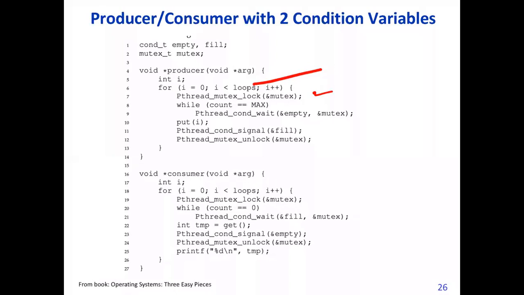So while, note that you can read this as if count is equal to max. We are checking if the buffer is full. If the buffer is full, then put itself to sleep on a condition variable called empty.